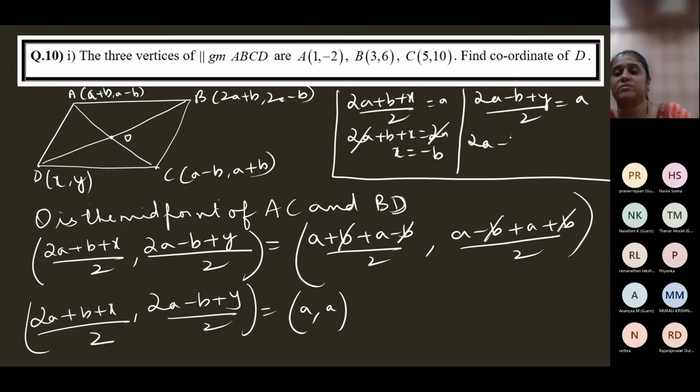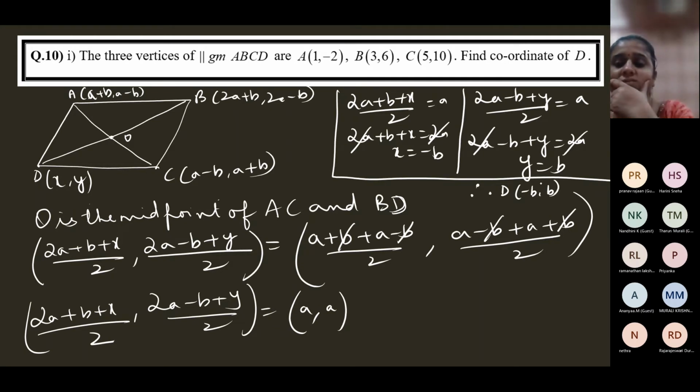So 2A minus B plus Y is equal to 2A. 2A on either side gets cancelled. So you get Y is equal to B. Therefore, the coordinates are minus B comma B.